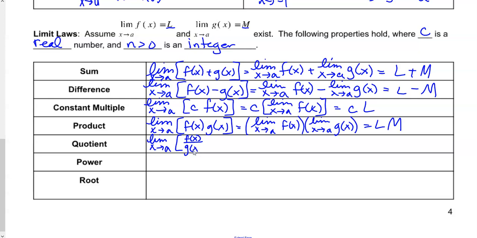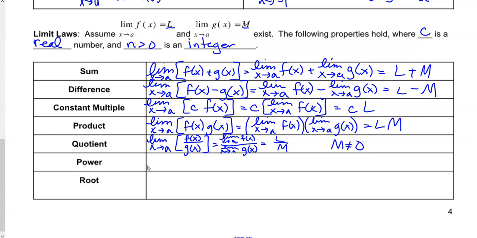So I could take the limit of f of x all over the limit as x approaches a of g of x. And so, like before, we can take that L and divide by that m. Now, we're guaranteed here that m is not equal to 0, because if that's equal to 0, we have a problem with that fraction.